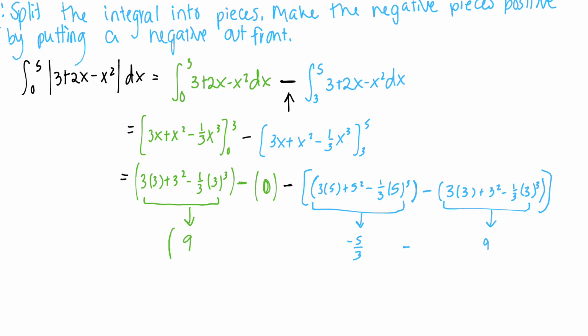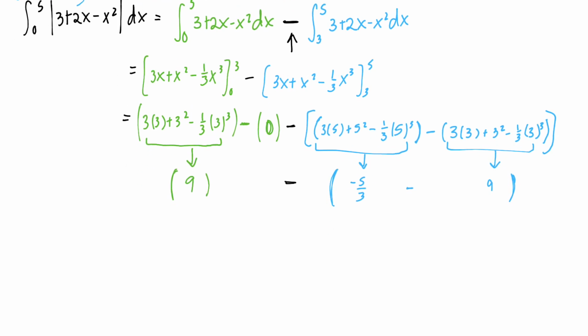So what we have is essentially 9 minus, and these are all in parentheses here. Combining together negative 5/3 minus 9, you get negative 32 over 3.